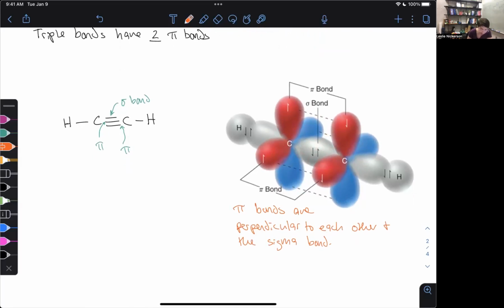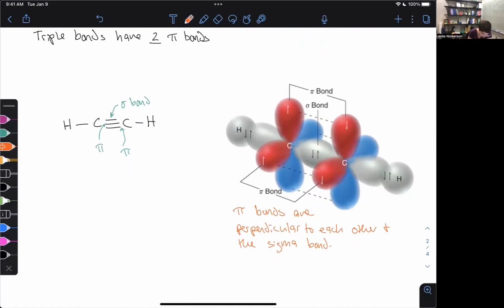So if we're looking at what orbitals we have here, this is an sp orbital because this carbon atom is sp hybridized. This is 2 sp orbitals.